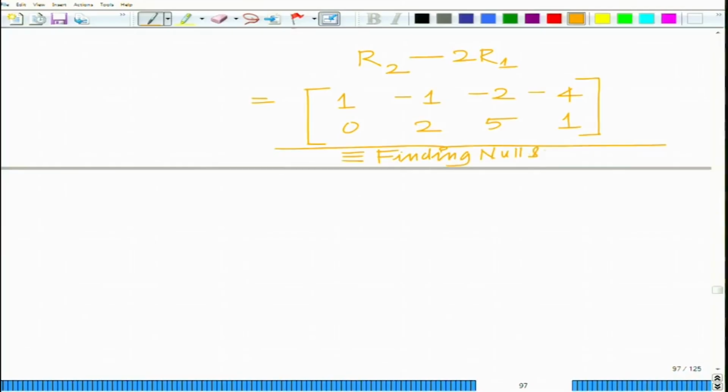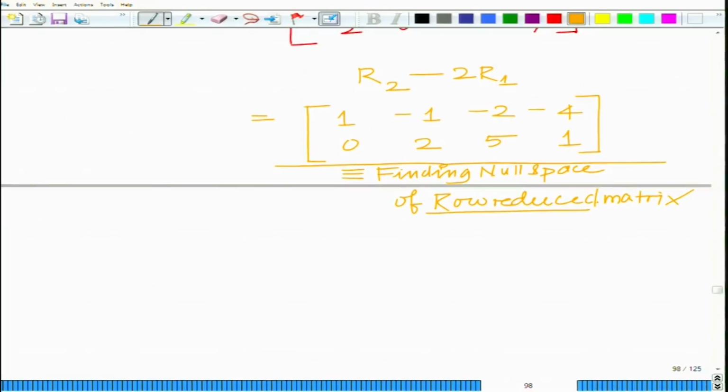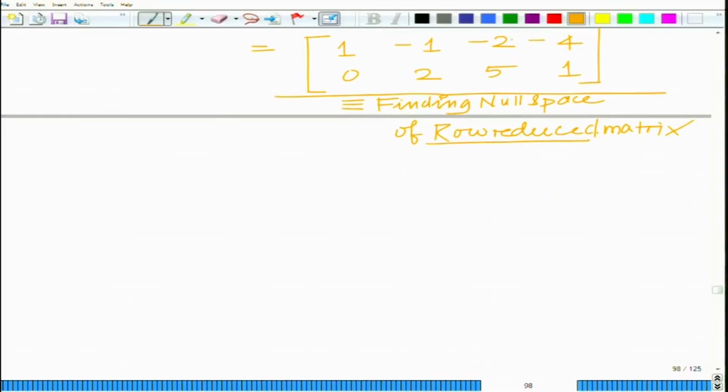So, we will find the null space of this matrix, which we can find as follows.